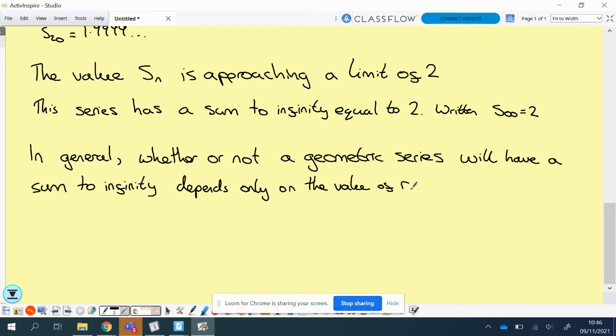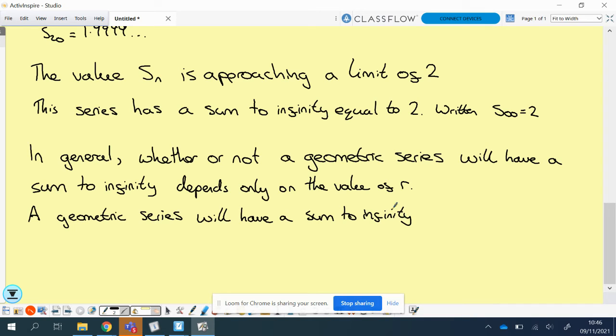So a geometric series will have a sum to infinity if r is between -1 and 1.